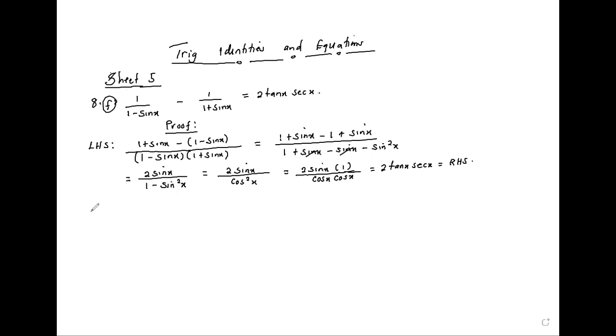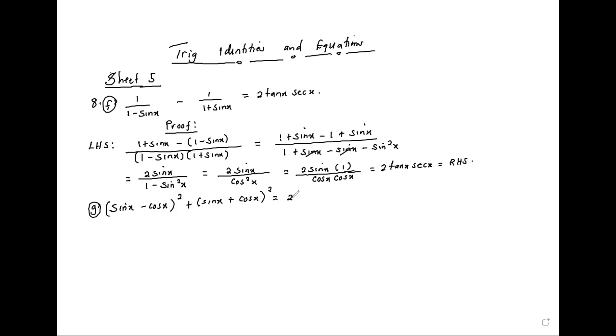So we proceed to G, which is the last part on question 8. So G, we're supposed to prove that sine x minus cos x, if you close the brackets and square, then you add sine x plus cos x, you close the brackets and square, that you should get 2.